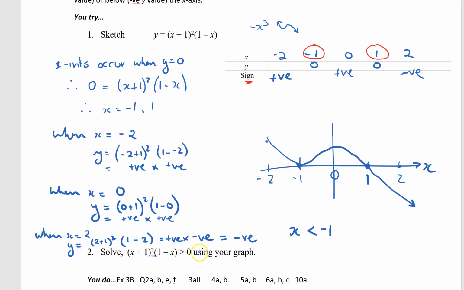It was on the axis. The other region where it's been positive is when x was less than 1 and greater than -1. So you can write your answers. That gives us this region in here. And again, it's never equal at -1, and it's never equal at +1.